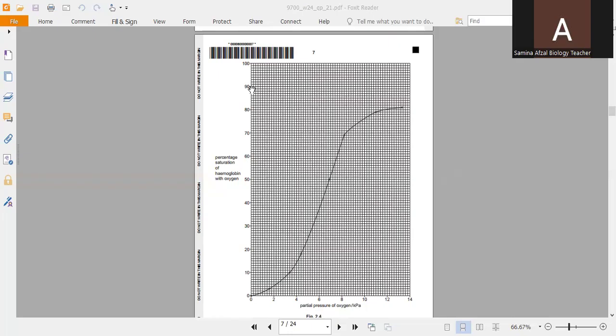So in this case, when the oxygen saturation is high, at that time, this curve is shifted to the left. So we will draw this curve in this way.